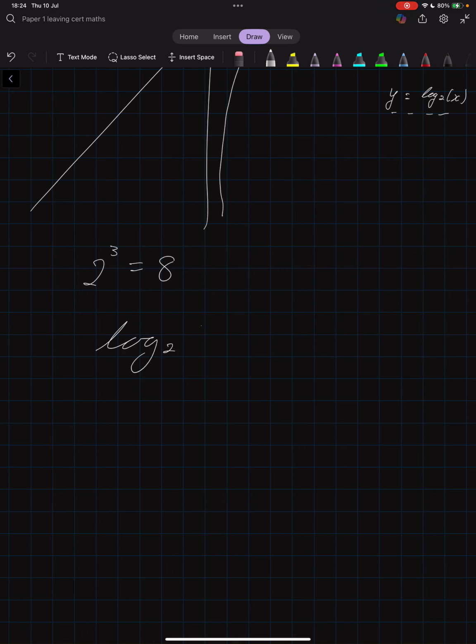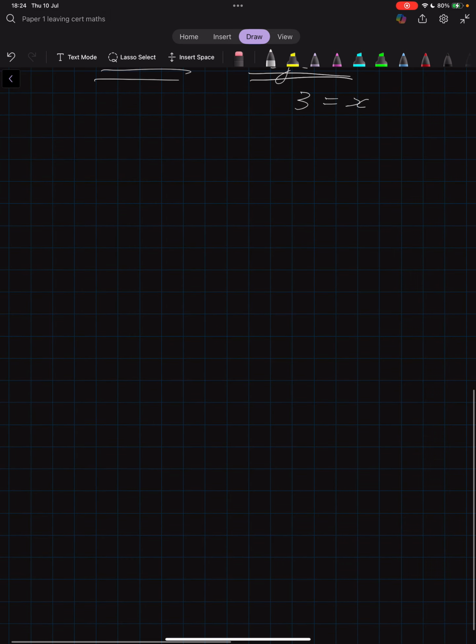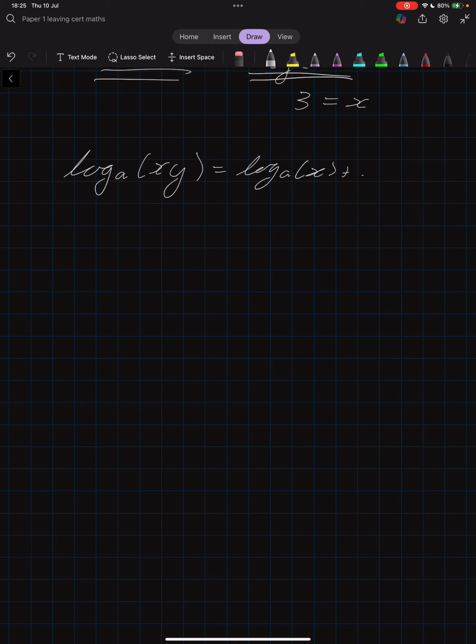Now the next thing I want to go through is the different rules of logs. The same way you have rules for indices, you have rules for logs. So we have that log to the base a of x multiplied by y is the same thing as log to the base a of x plus log to the base a of y. So basically this changes multiplication into addition.